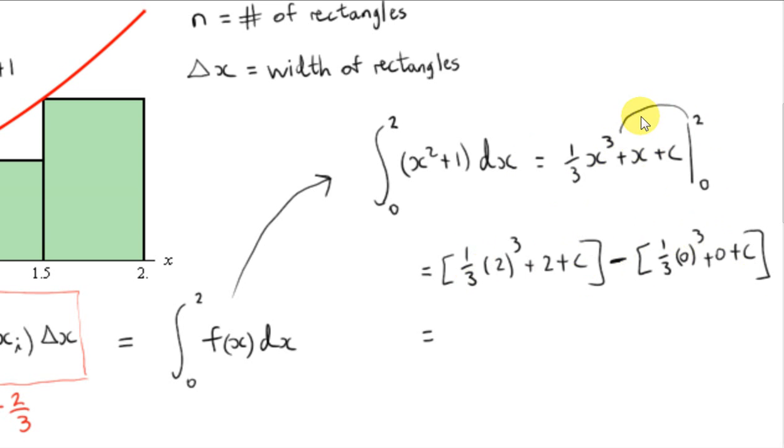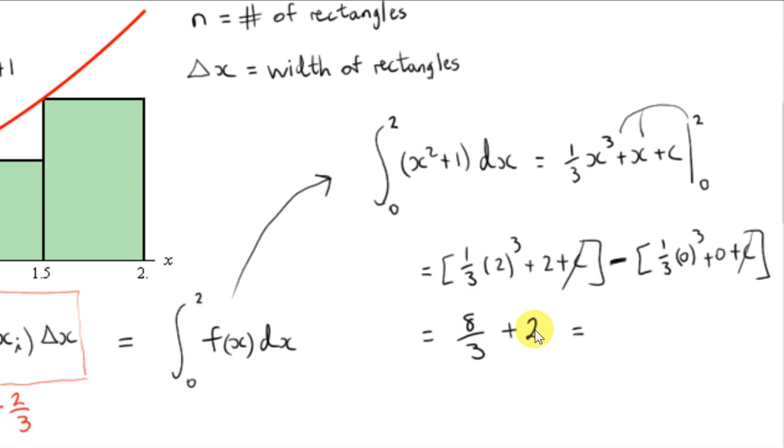So we plug the upper limit in for x first of all, whatever that is, it's 2 in this case. We work out what we have, and then we subtract this expression with the lower limit 0 in for x. Now notice that the c's cancel. c's always cancel, so we can actually not bother with the c when we're calculating a definite integral.